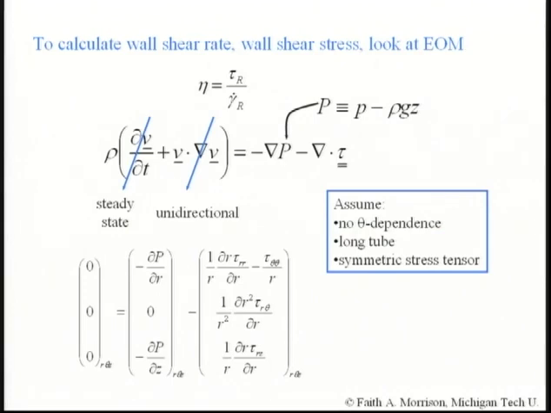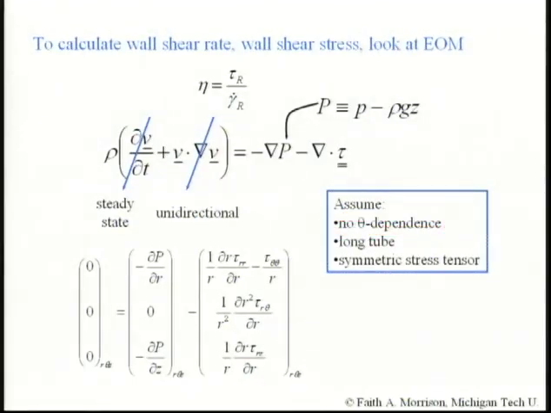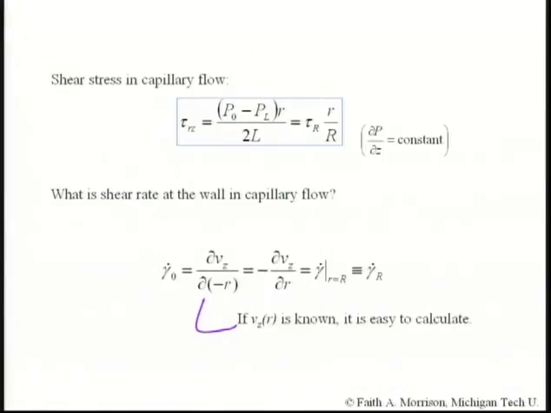So if you would ever see an extrudate coming out of a capillary that was violently twisting, you might wonder about your calculations, because we're assuming that there is no twisting. There's no theta dependence to this flow. We also assume a very long tube, so things are not varying in the z direction, and a symmetric stress tensor. With that, we got that the shear stress is equal to delta P R over 2L.